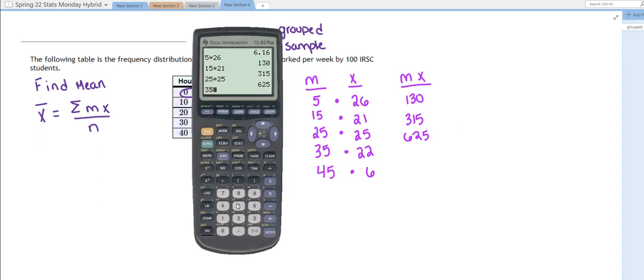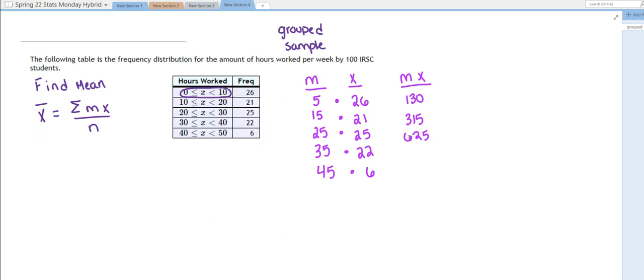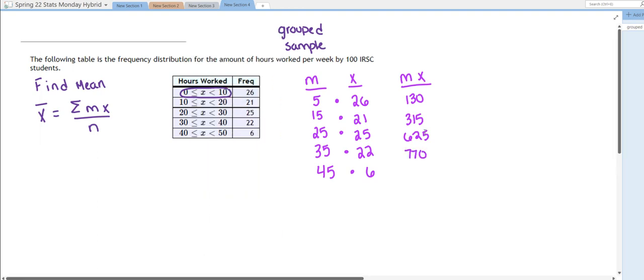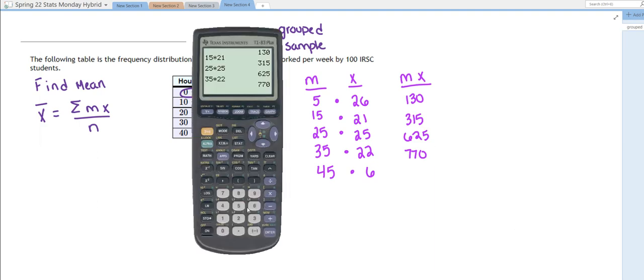Next we have 35 times 22, 770. And then 45 times 6, 270.